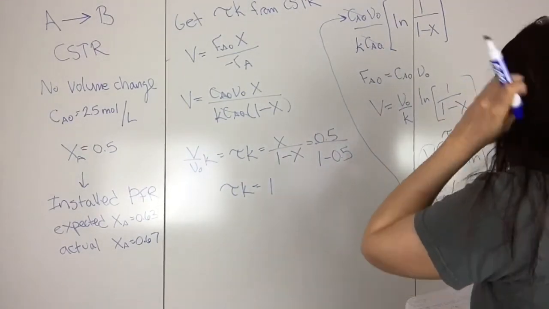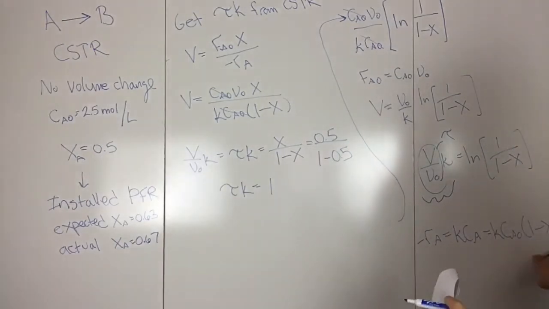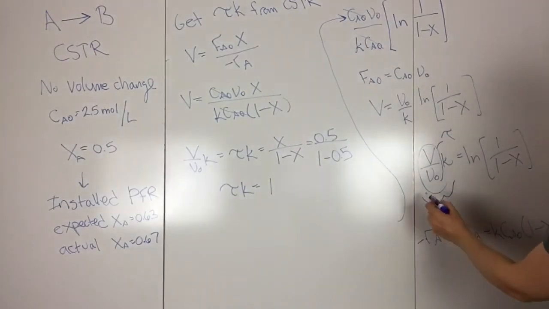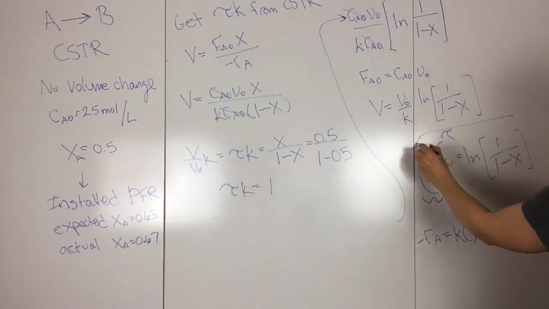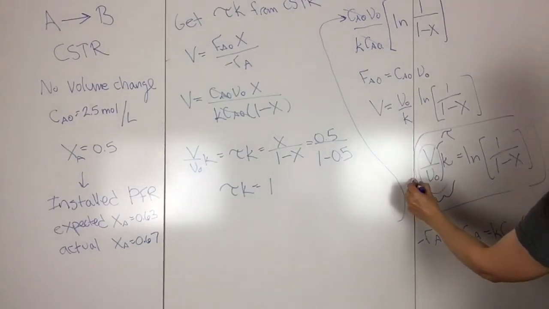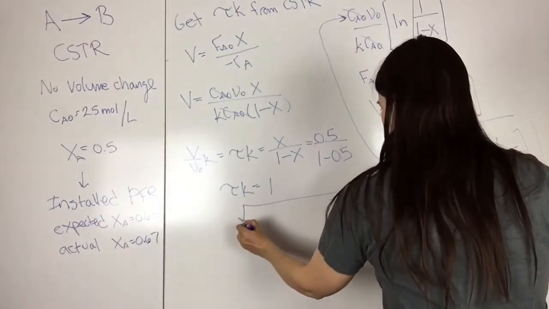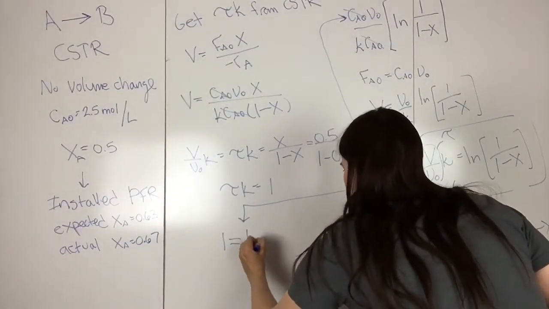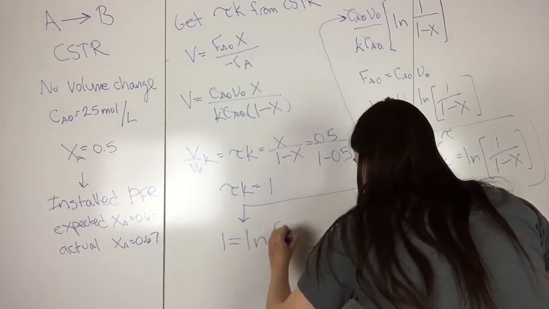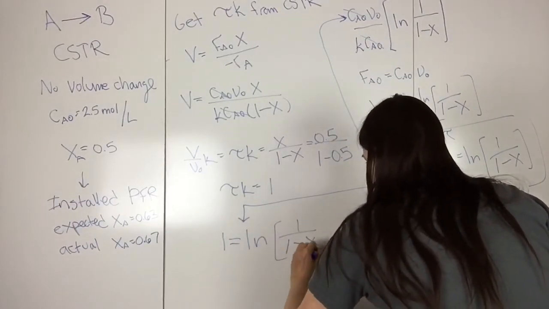So then going back to the PFR, we can plug in 1 for this. Going back to this equation, we have 1 is equal to the natural log of 1 over 1 minus x.